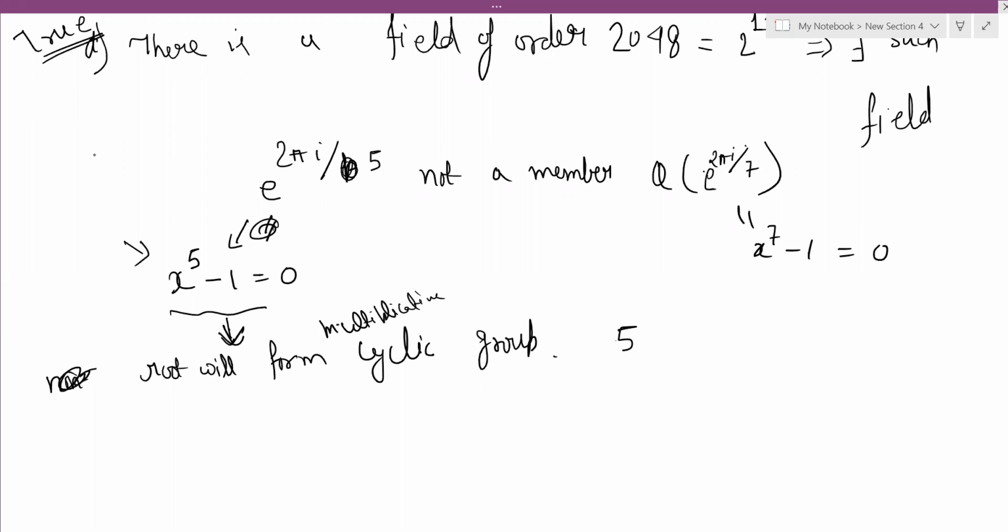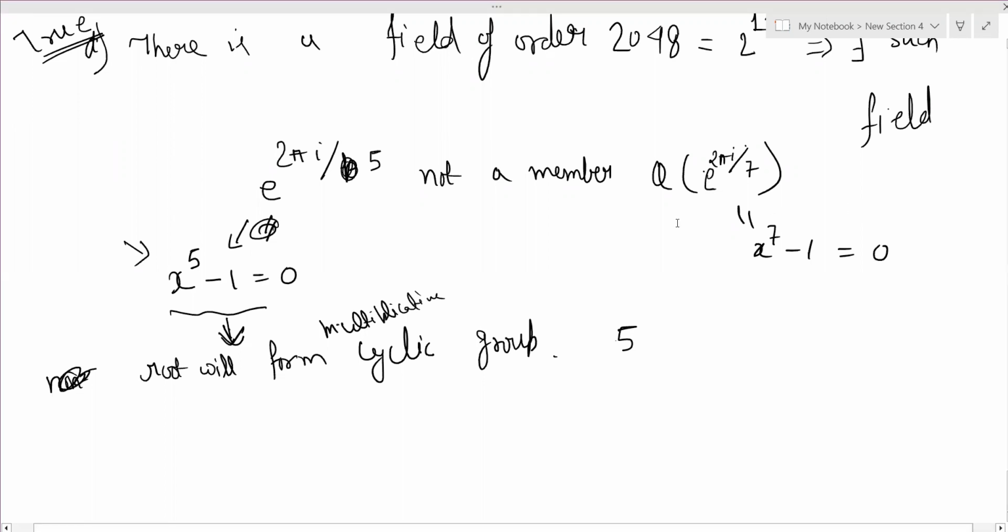That means the roots are the same, and you mean to say only the number is different. Okay, K star.